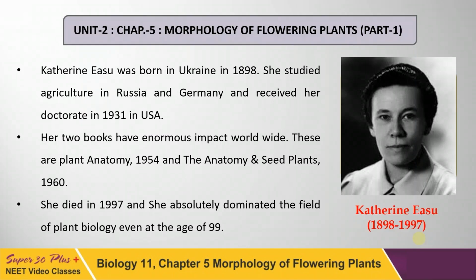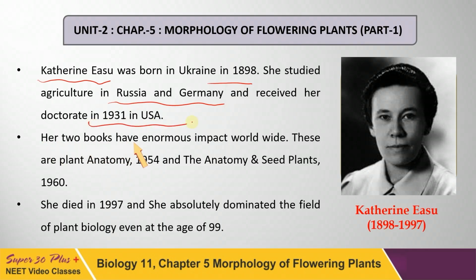Before we start Part 1 of this Morphology of Flowering Plants, in the NCERT book, in the beginning of each chapter, an eminent worker's biography is given. For this chapter, she is Katherine Esau, who did a wonderful job in this field. She was born in Ukraine in 1898. She studied agriculture in Russia and in Germany and received her doctorate in 1931 in USA.